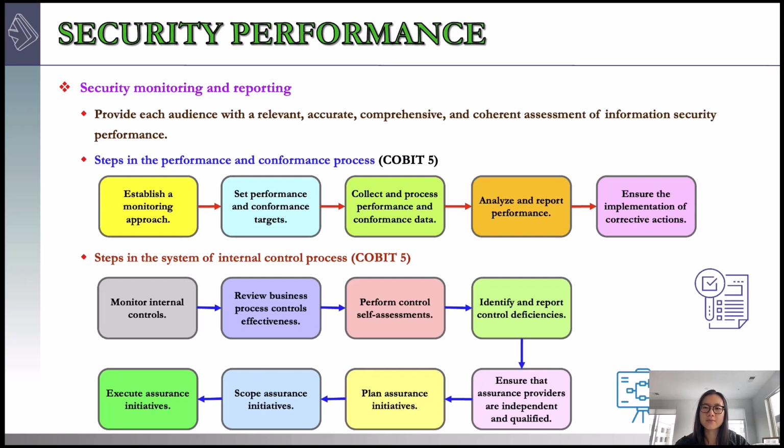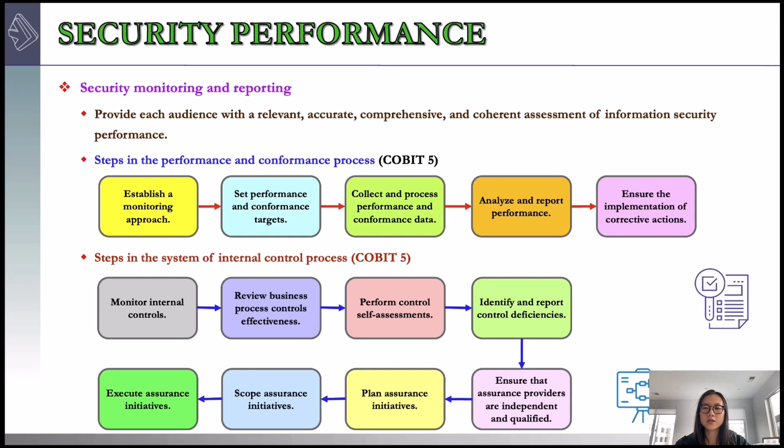The fourth step is identifying and reporting control deficiencies. The organization identifies control deficiencies, analyzes and identifies its underlying root causes, and also escalates control deficiencies and reports to stakeholders. The fifth step is ensuring that the assurance providers are independent and qualified.